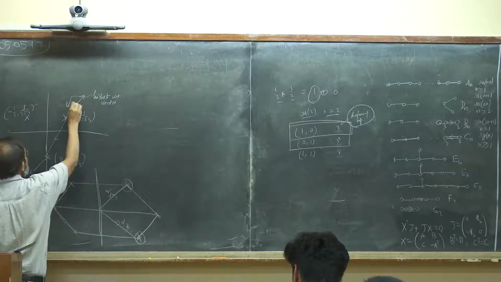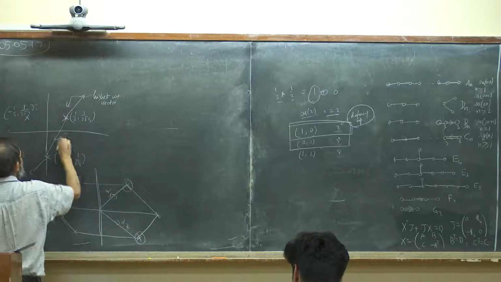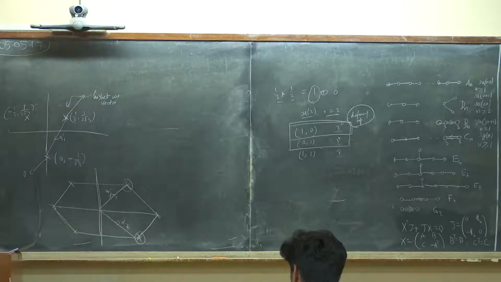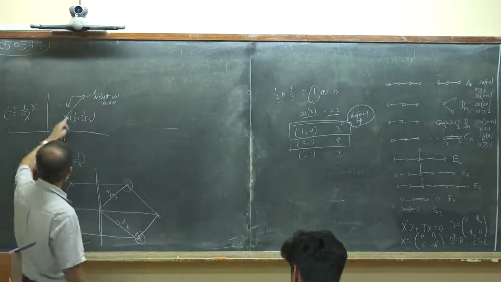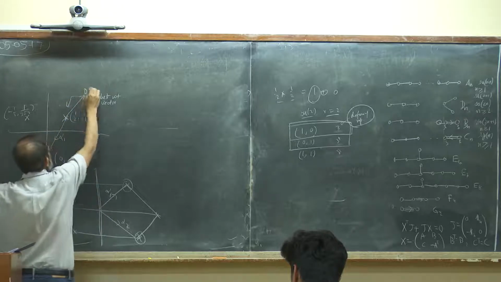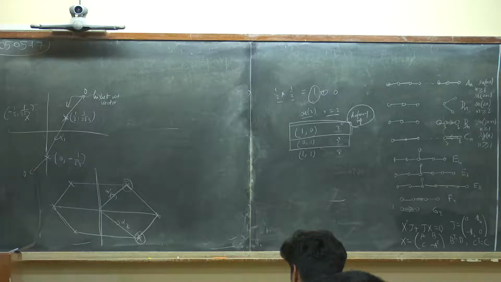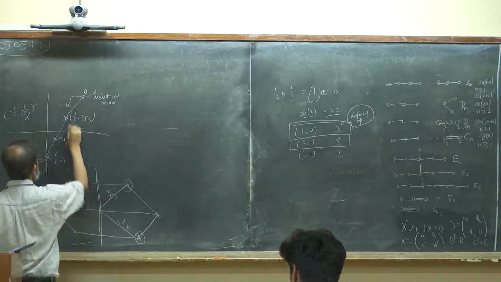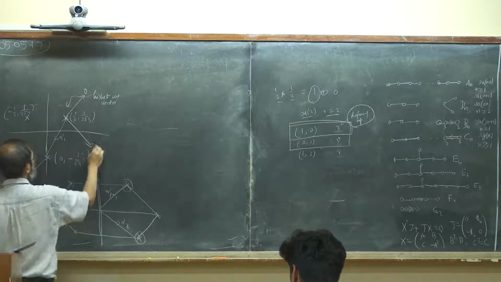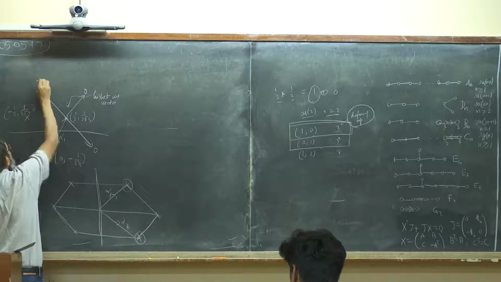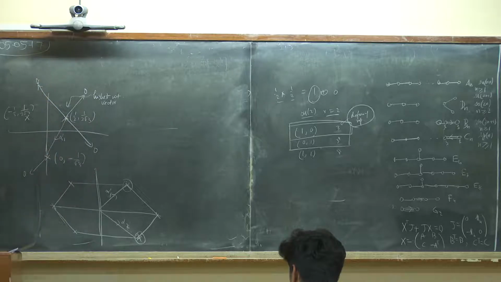So I'm applying the lowering operator corresponding to alpha 1, and I got something. That's correct. So alpha 1 as a raising operator gives you 0, alpha 1 as a lowering operator gives you the other weight, and then of course it is 0, and alpha 2 as a raising operator gives you 0, and alpha 2 as a lowering operator also gives you 0 because there's nothing there. How do you generate this one?